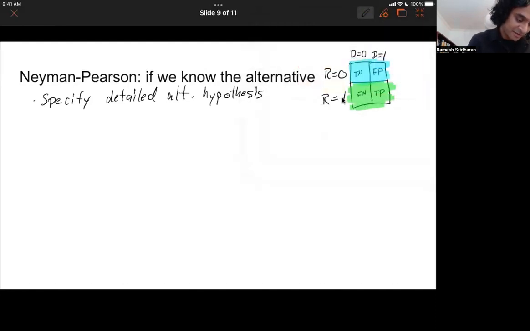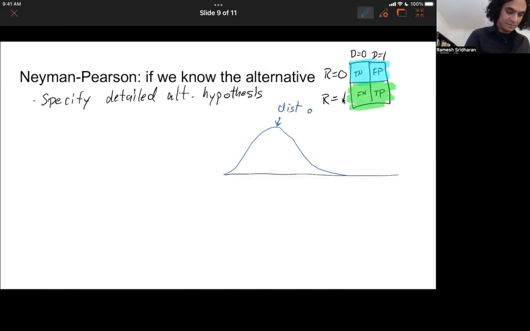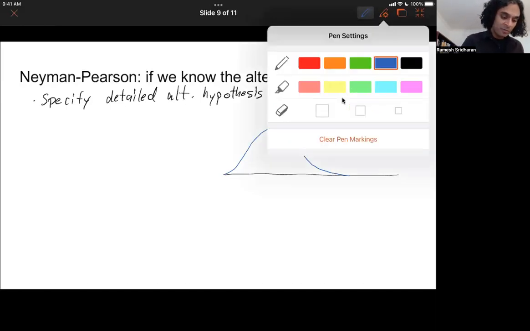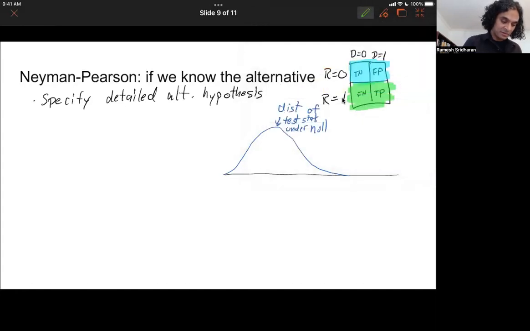So I can go back to our picture, which I always like to draw, which is the distribution of the test statistic under the null. This is what we use to calculate and think about our p-values. But now we're also going to draw a specific distribution for the alternative. So this is the distribution of the test statistic under the alternative.